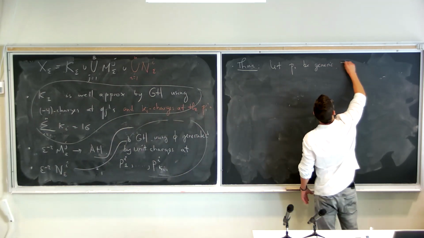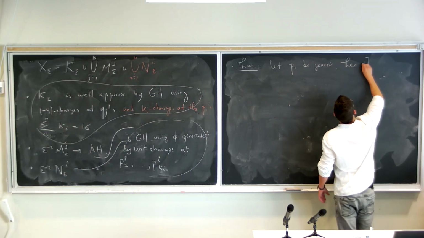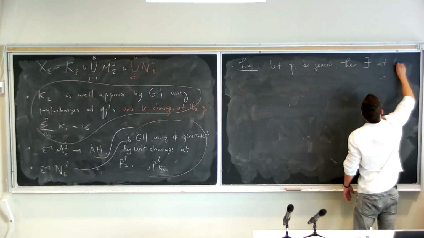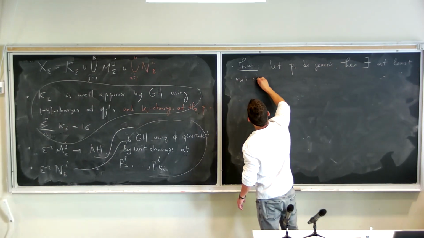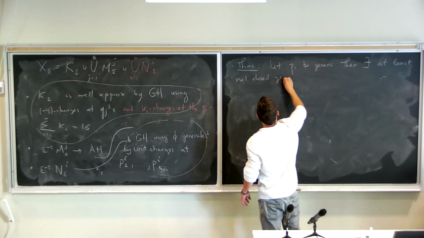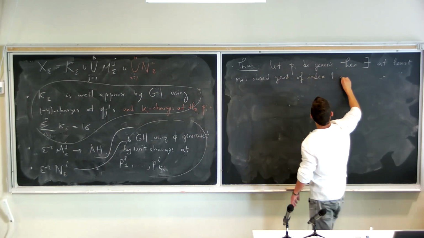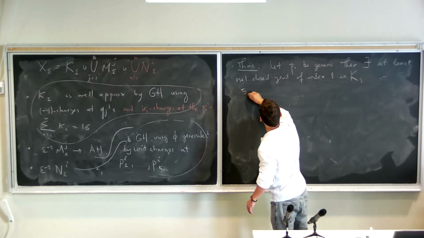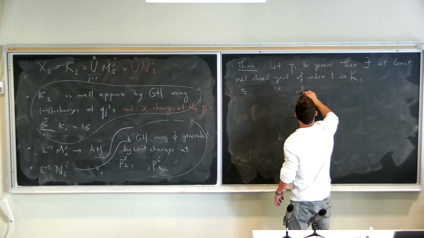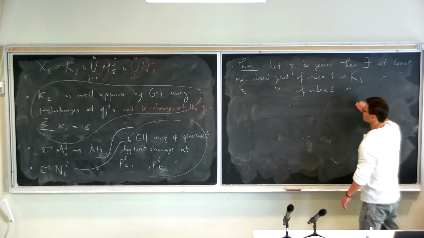Then there exist at least n+1 closed geodesics of index 1 in K_epsilon, and 5 closed geodesics of index 2, also in K_epsilon.